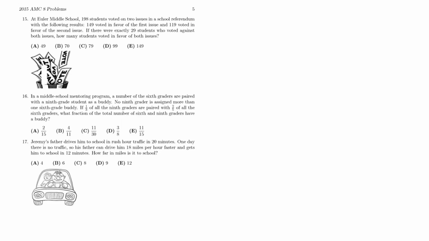Number 15. At Euler Middle School, 198 students voted on 2 issues in the school referendum with the following results. 149 voted in favor of the first issue, and 119 voted in favor of the second issue.